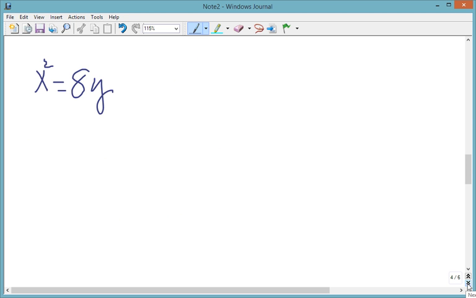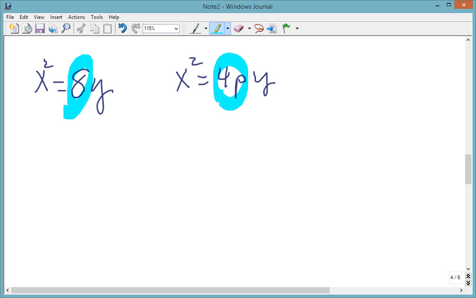Okay, so here's a really basic one. You see that this is already basically set up in our equation, because the equation is x squared equals 4py. So all I know is that 4p is the same as 8.